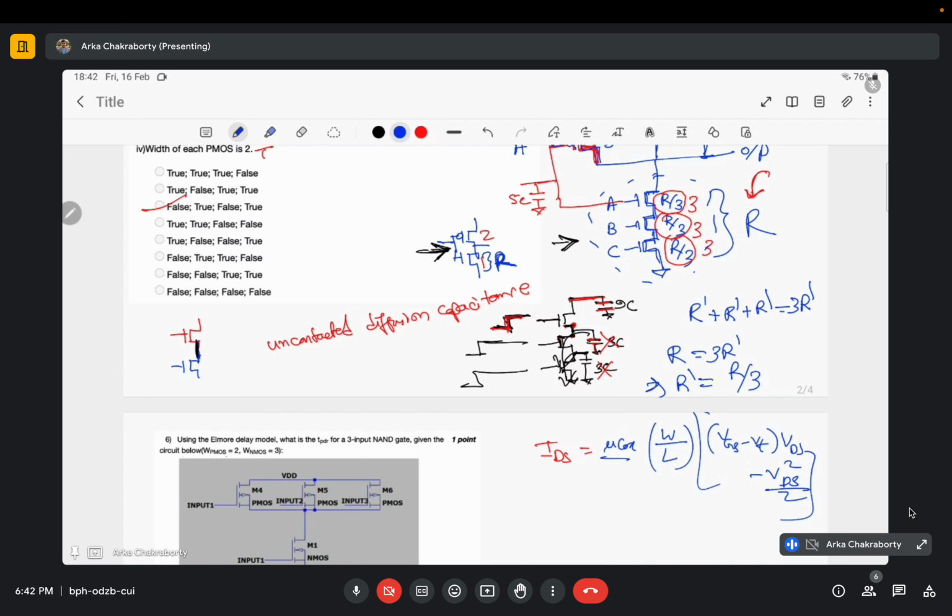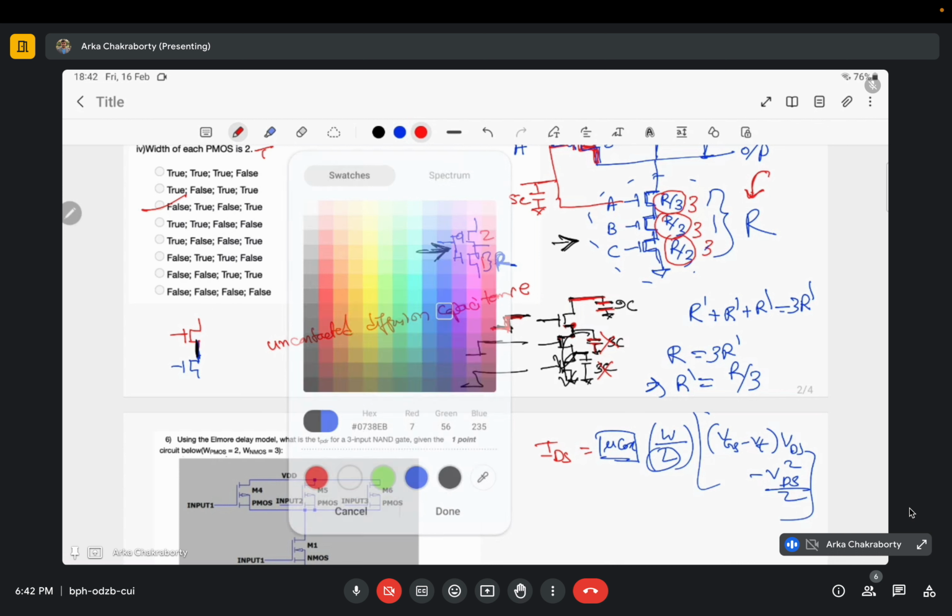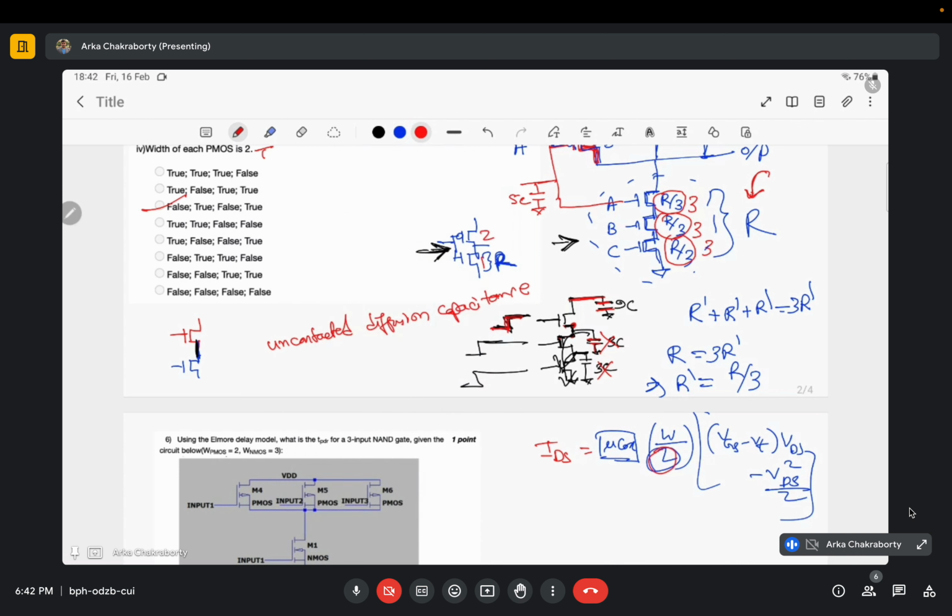Now mu Cox is fixed for a particular technology, I cannot change it. VGS and VDS are the variables. L is generally taken as the minimum value. So the only thing that can increase my IDS or reduce my R is this W. That's why we increase the value of W.